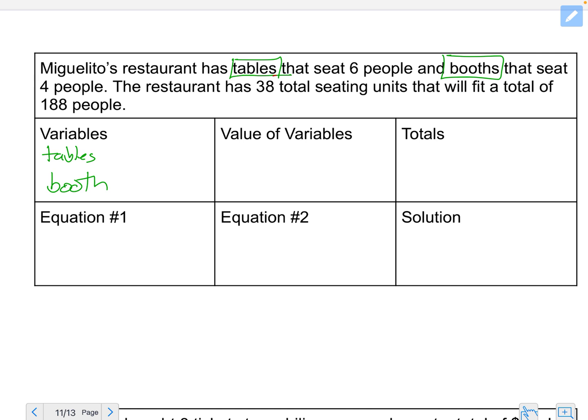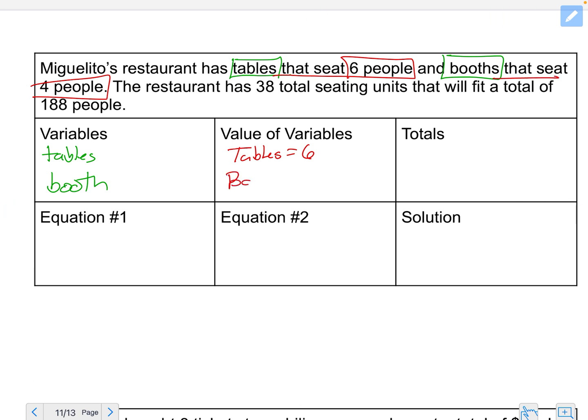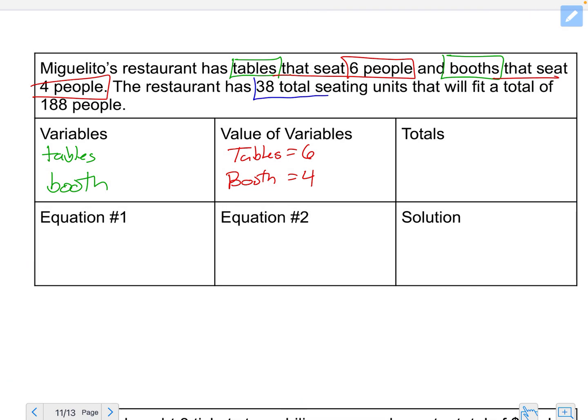So our tables have 6 people, and then our booths are 4 people. So our totals are 38 seating units, or 188 people.